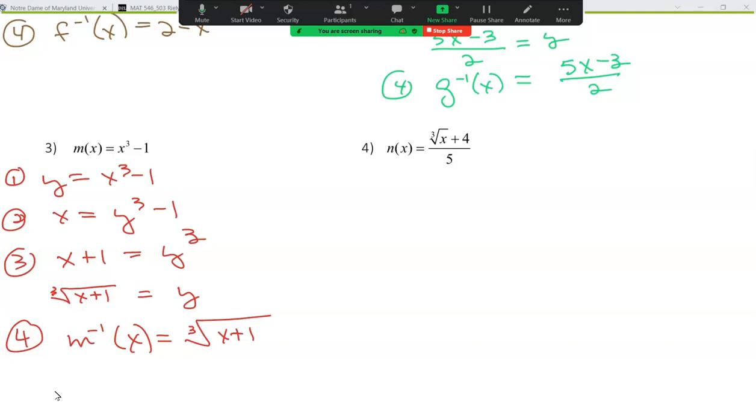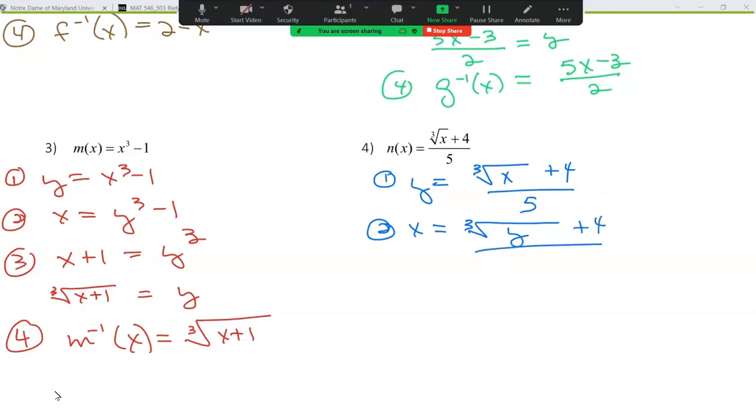Okay, last one. So we have y equals the cube root of x plus 4, over 5. Switch. x equals the cube root of y plus 4, over 5. Okay, so I had to solve now. Let's be clever algebraically. 5x equals the cube root of y plus 4.